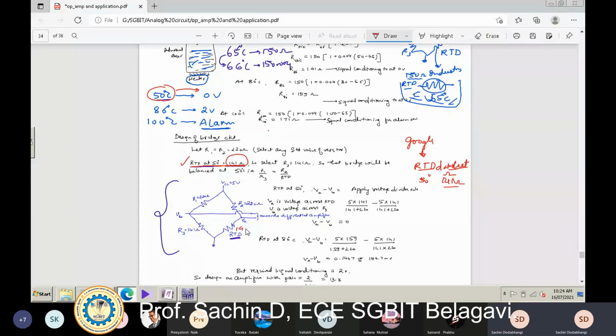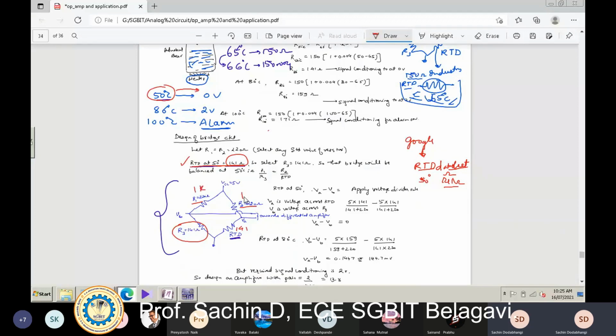The same resistance, 141 ohm, I will take for R3 also. Now for R1 and R2, you can select 220 ohm or any other standard resistor values, which are equal. So you can select R1 equals R2 equals 220 ohm, or 1 kilo ohm, or 10 kilo ohm. Any standard value you can select for R1 and R2.